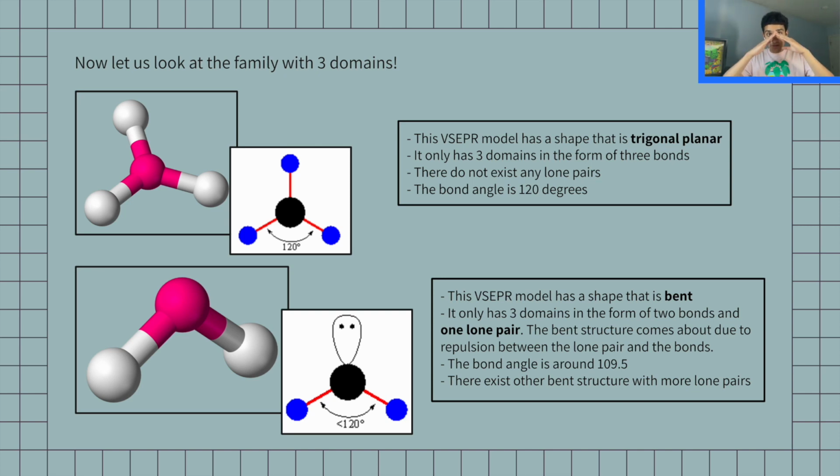That is what causes the bend within a bent structure. The bond angle in this scenario is 109.5 degrees. So just remember that; these bond angles are something you really want to memorize.